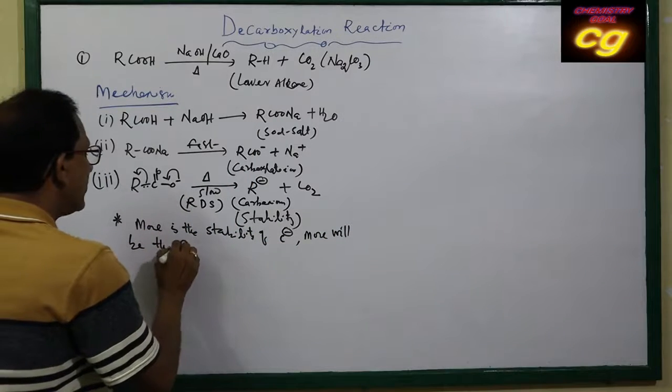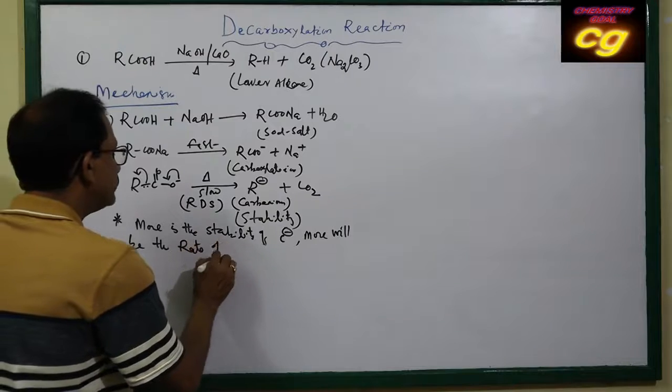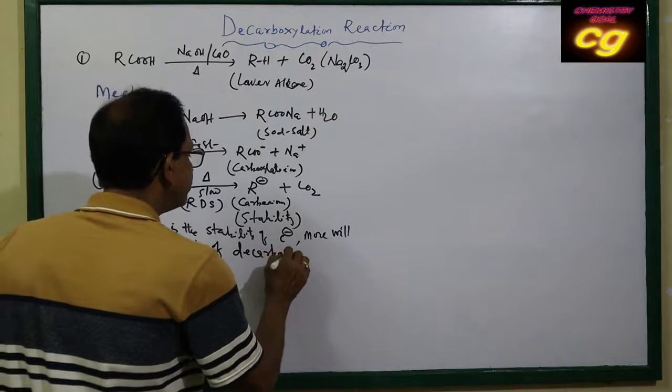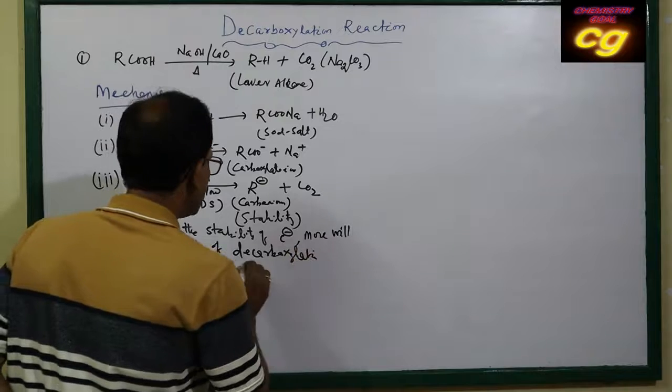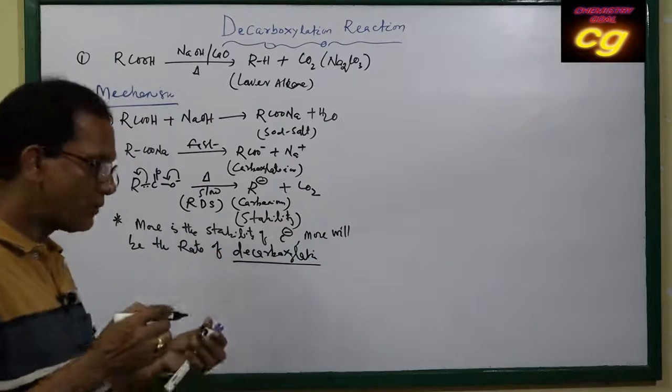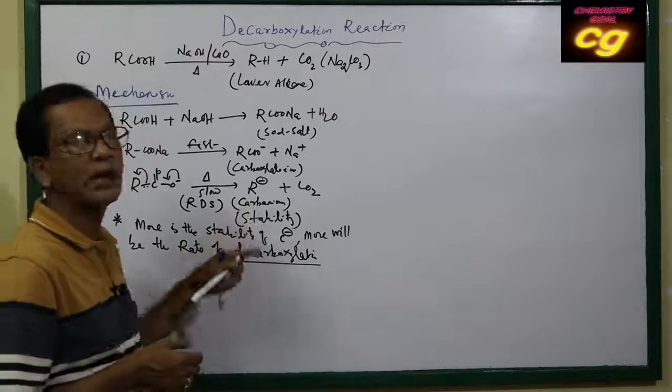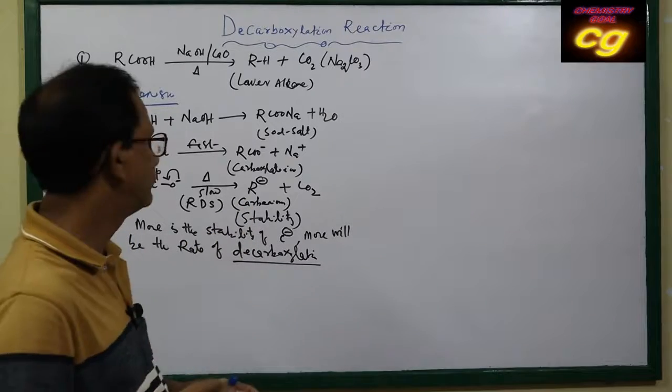The rate of decarboxylation will be faster if the stability of the carbanion is more.